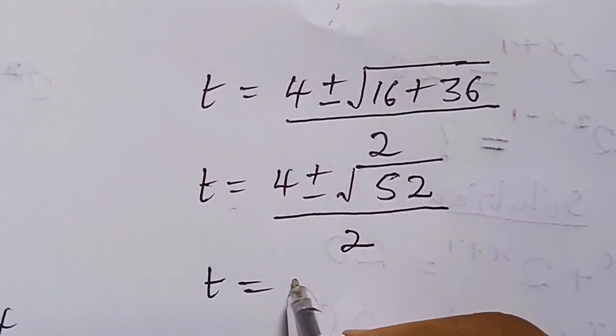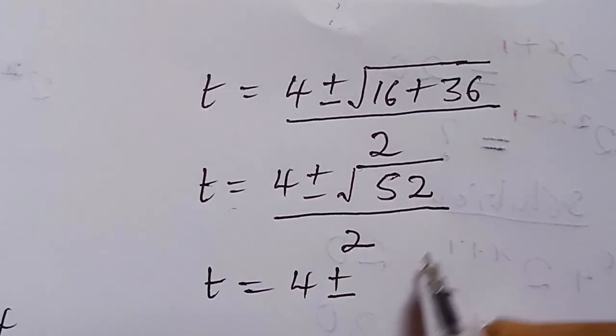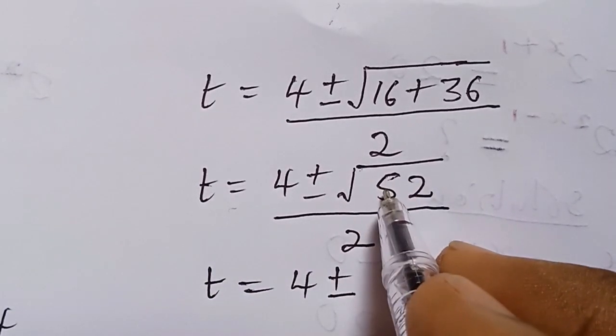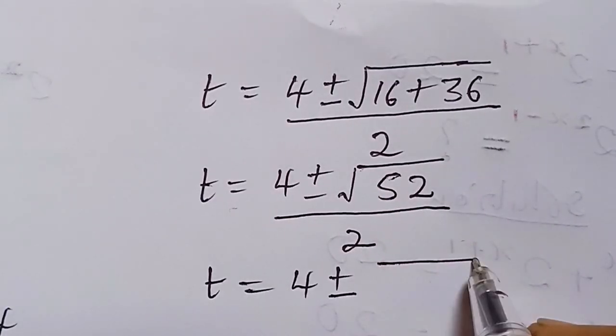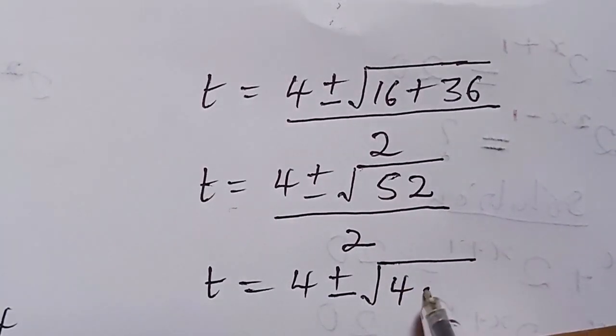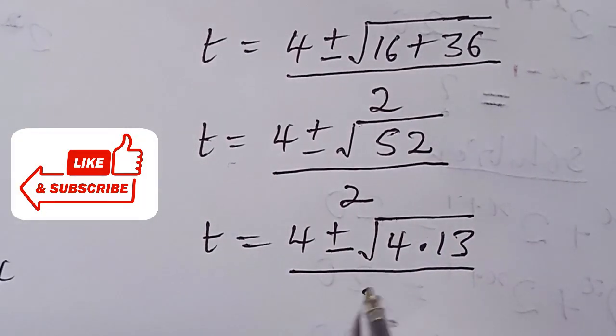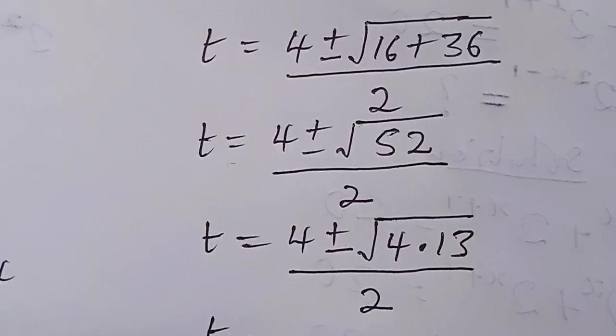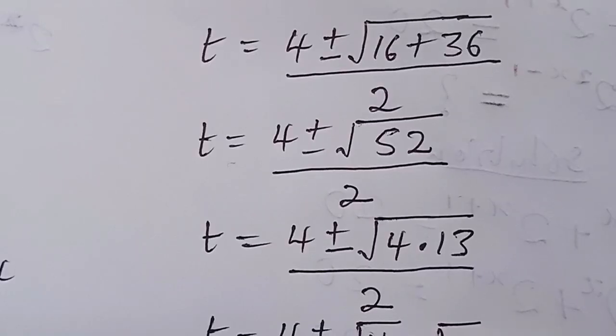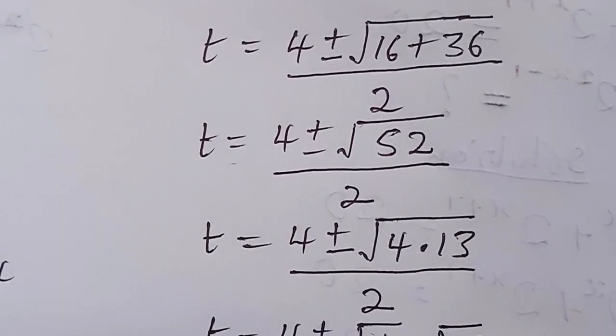t will be equal to 4 plus or minus, so we simplify this, then we have the square root of 4 multiplied by 13, everything over 2. And that can be written as 4 plus or minus the square root of 4 multiplied by the square root of 13 over 2.